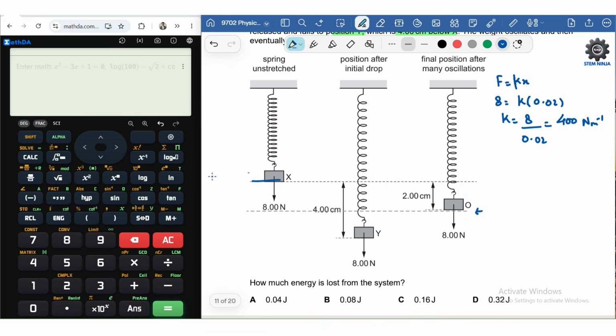So at this point at X, we have some gravitational potential energy. It's 2 centimeters higher than the reference level. So 8 times by 0.02. Over here, it has some extension, so that means half K X squared. Okay, so the initial and final will tell us what is going on.